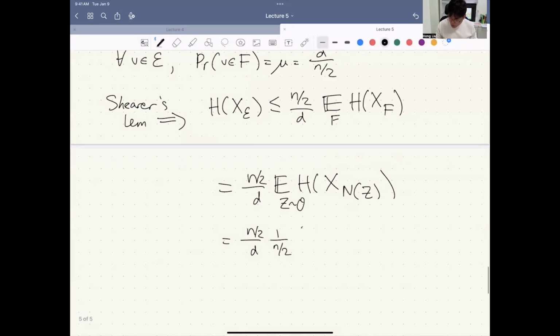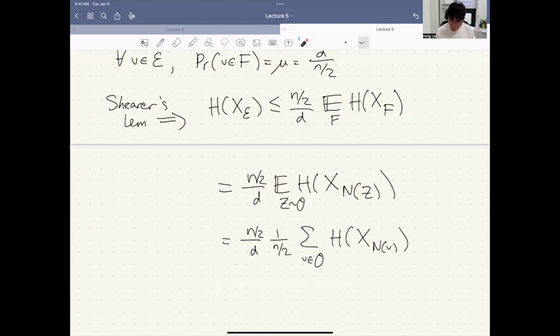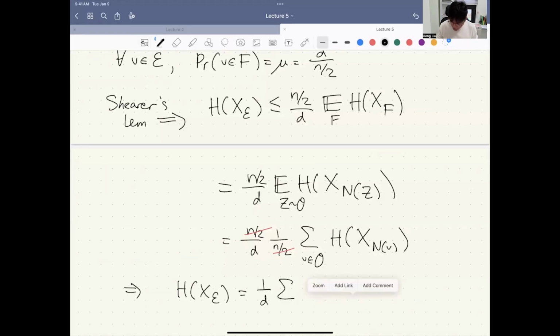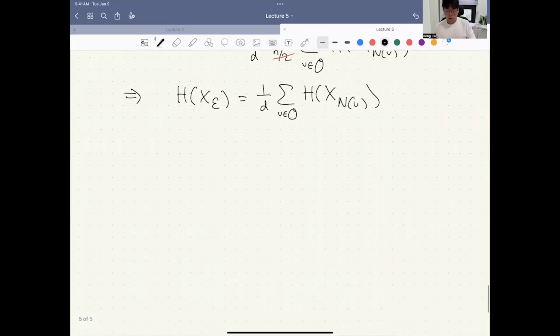So we sum over all vertices in the odd side the entropy of the projection to the neighborhood of vertex V. We get rid of the expectation, these two get canceled out, so we get the entropy of the even side equals 1 over D times the sum over V in the odd side of the entropy of the projection to the neighborhood of V. Good.